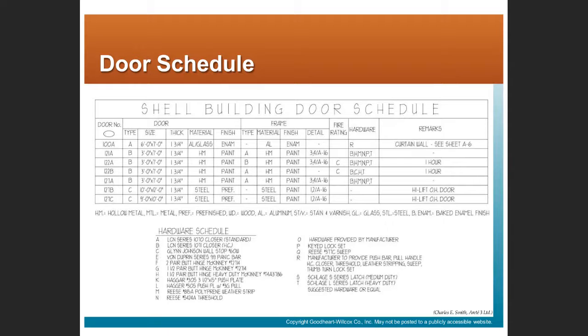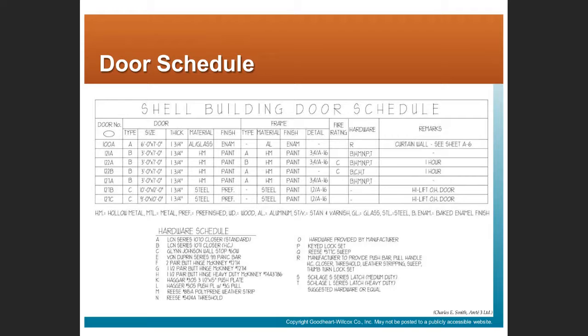In this case, the abbreviations are shown down below. Fire rating, hardware, right? Hardware has to do with the doorknob and lock set and hinges and panic hardware, right?